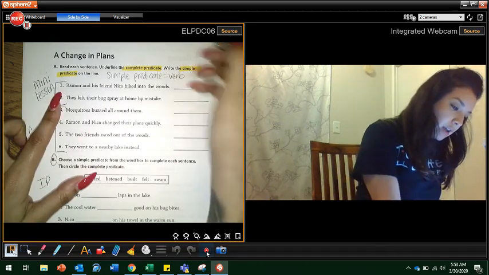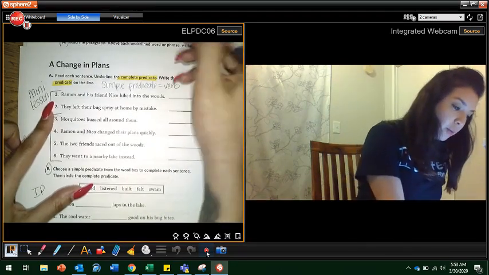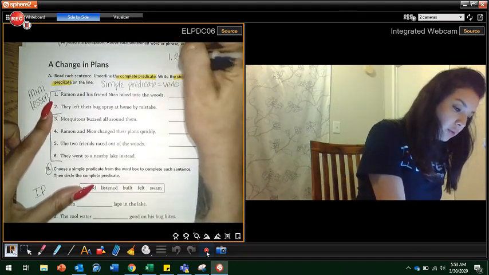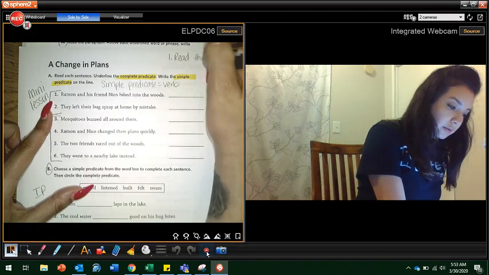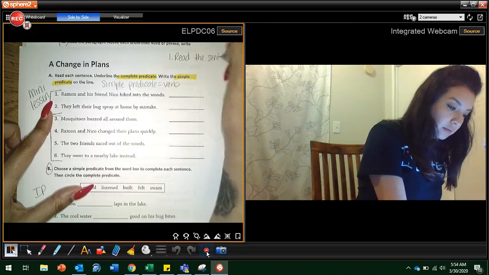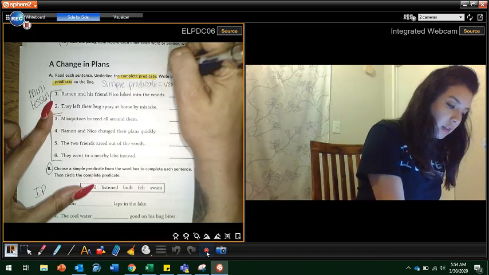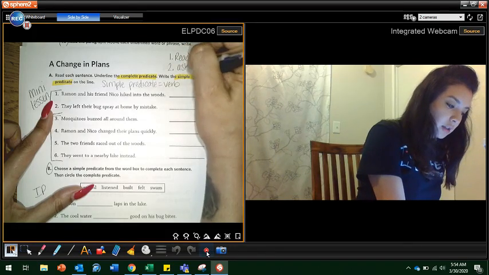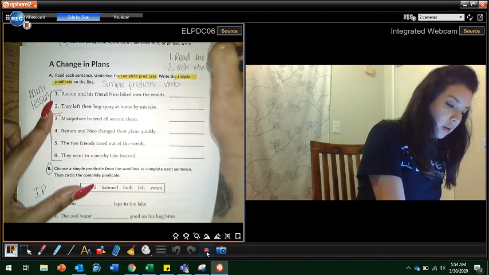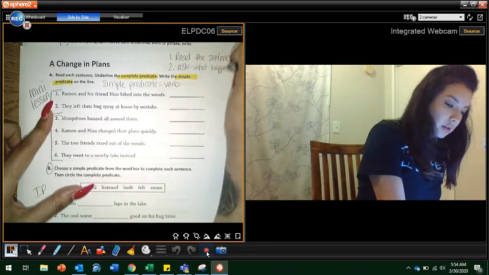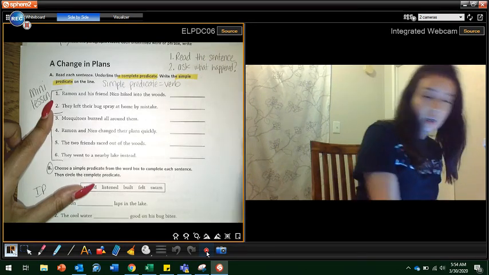That part will be in your complete predicate. So again, I'm still going to use my same key points. I need to read the sentence. Then I need to ask myself, what happened? Now I'm focusing on the predicate first.